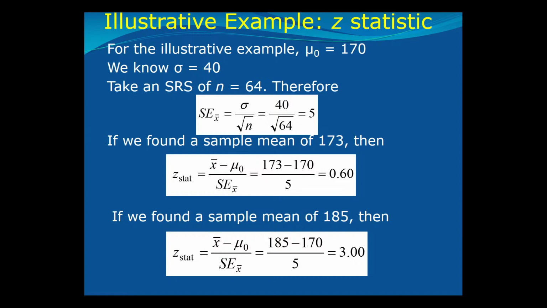A computer automatically calculates all statistics you need to make your statistical conclusions, but your goal is to interpret these values correctly. And if we found a sample mean of 185, then the z statistic equals 3.